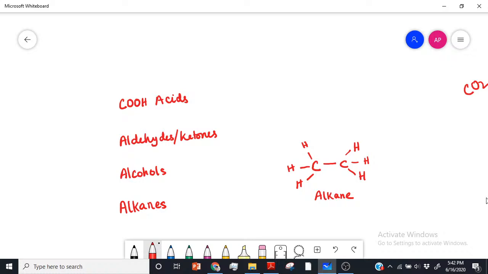Understood till this? Okay. Now if I remove one hydrogen, and in that place I add one OH group, then that becomes an alcohol.